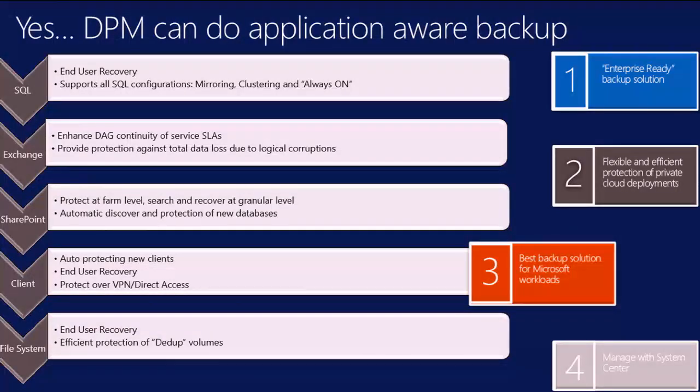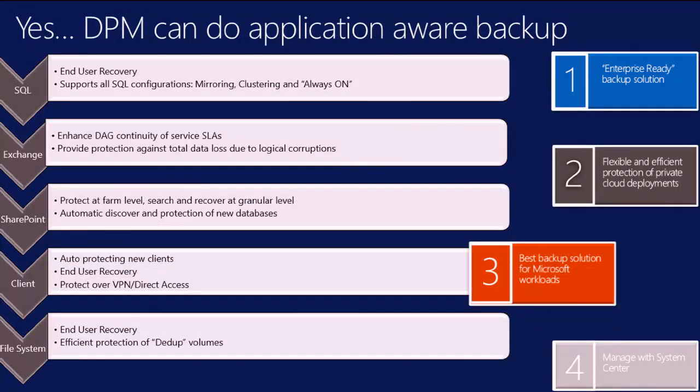If you look at SharePoint, you can protect a single SharePoint. And again, if new documents come in, you can configure the SharePoint protection for DPM, saying that any new components or items coming into the SharePoint, just go and protect them. DPM takes care of that. Also, you can protect a single farm or multiple farms, which can be anywhere between terabytes of data, but you can pick and choose a single item and recover only that item, which is MB.